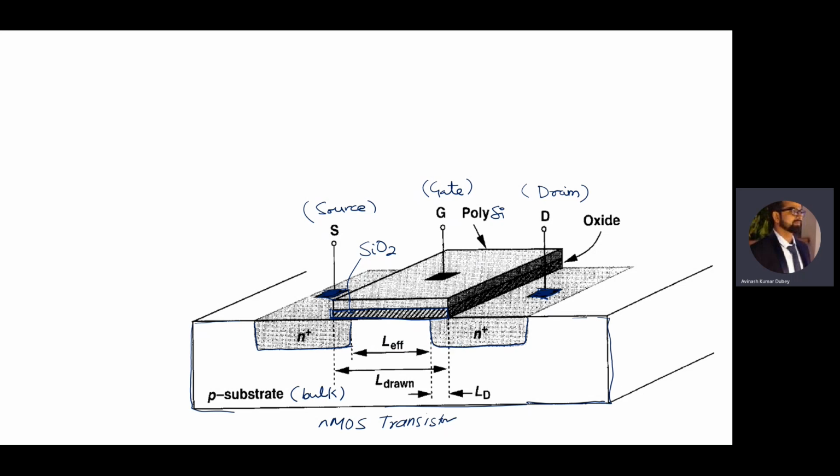So this is the effective length, and we can write the effective length as L drawn minus twice LD.